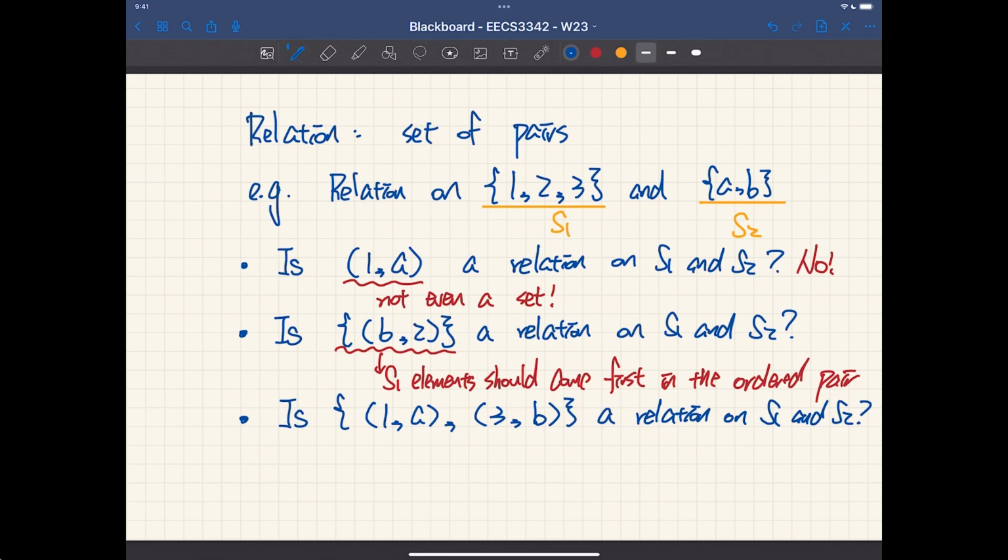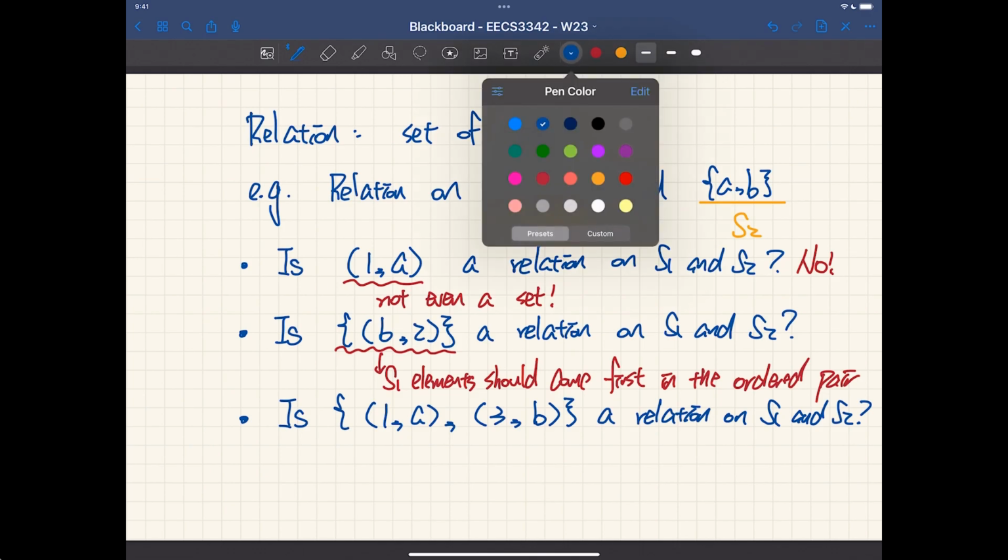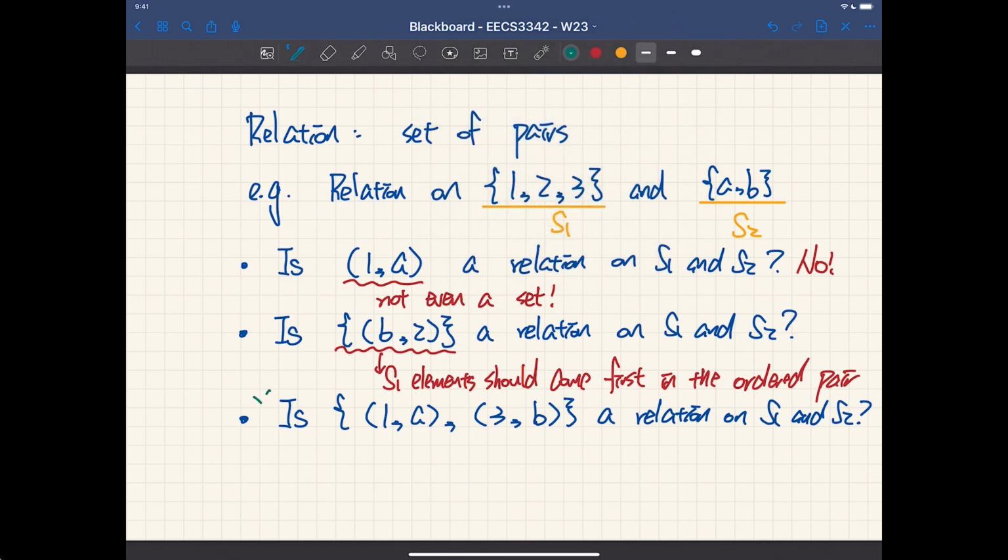Are you sure? 100%? No error? Good, it is. Very good. This is a typical one. Because you can see it's a set of pairs, and 1 and 3 came from this set, A and B came from over here. That's a very informal way to decide. We're going to define that more formally later.